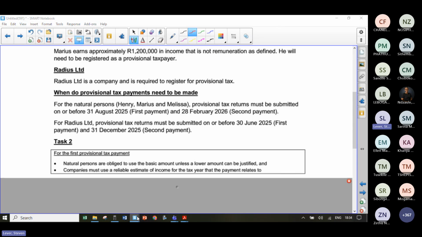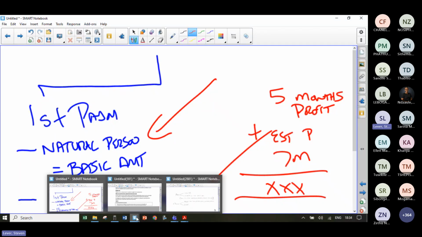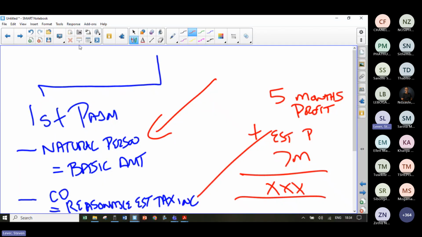That's why inside my example, I said normally, if I was a SARS auditor, I would ask for and expect to see 5 months' profit plus an estimate for the next 7 months. That would be a reasonable estimate of taxable income.